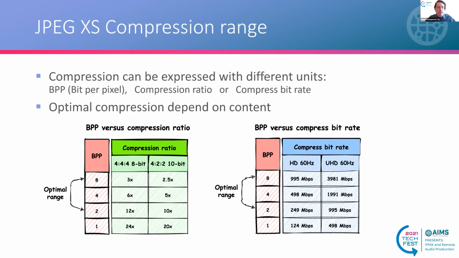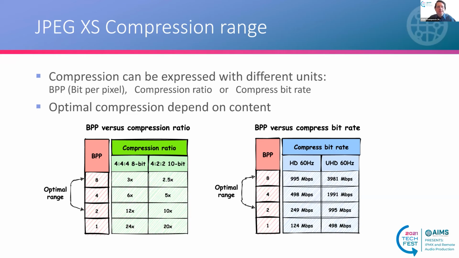We have BPP, which stands for bits per pixel. This metric has some interesting characteristics, which make it very suitable to be used with JPEG-xs or other types of mezzanine codec when talking about quality. First, BPP is a simple float number that should stay between 1 and 10 for a mezzanine codec.